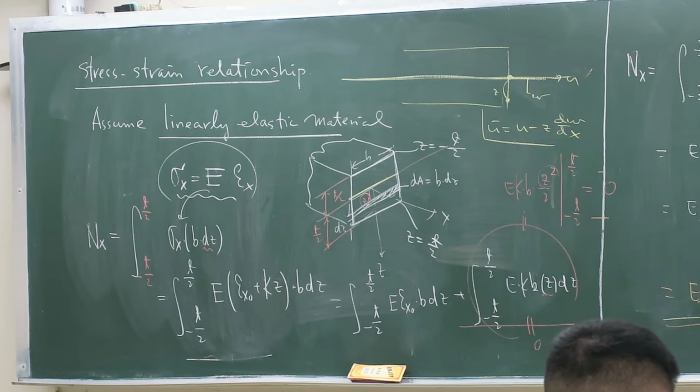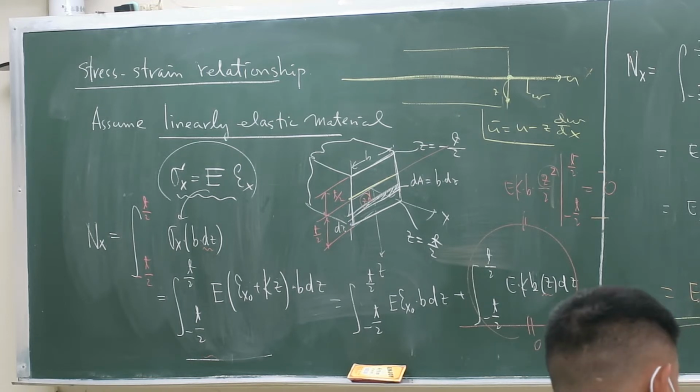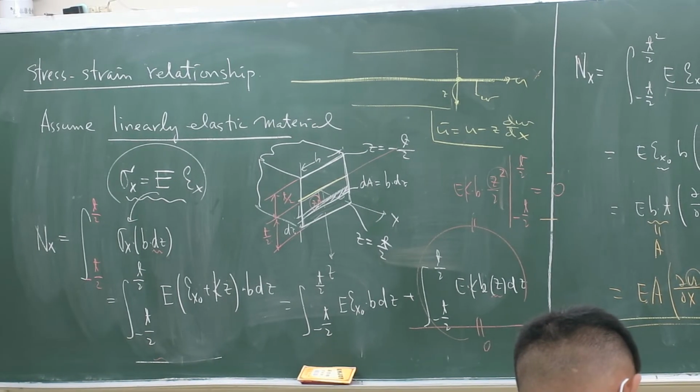All right, so so far we have proved all this relationship. So this is a fourth order linear, because this is a fourth derivative.